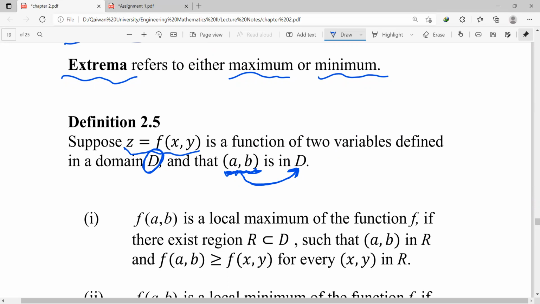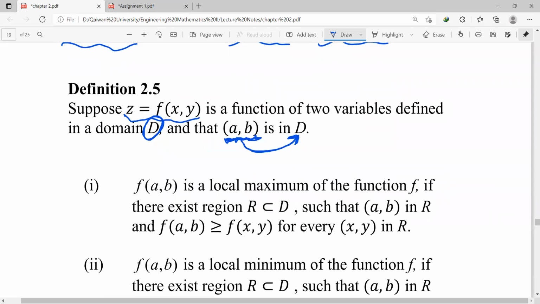We say f(a, b) is called a local maximum if there exists a region R in D, such that (a, b) is in R and f(a, b) is greater than all the other images of the points in the region.